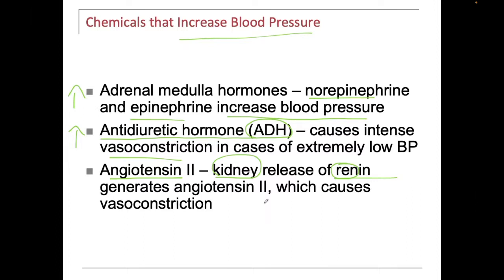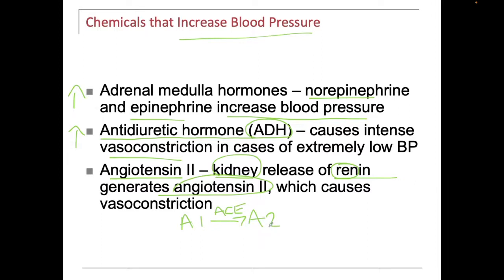angiotensinogen into angiotensin 1. And then angiotensin 1 gets converted into angiotensin 2. The way that angiotensin 1 gets converted into angiotensin 2 is by an enzyme called angiotensin converting enzyme.